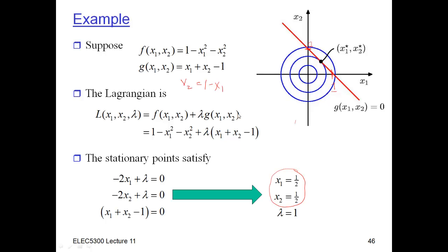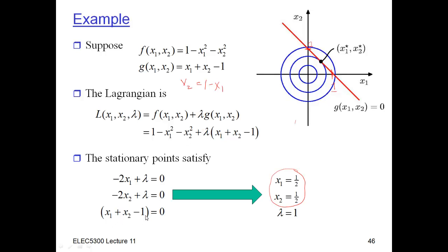So I'm going to optimize this function f of x1, x2 subject to this constraint, and so I multiply by lambda, so I get this equation here. Now I just have to differentiate this with respect to x1, x2, and lambda. When I differentiate with respect to lambda, I just get my original constraint back.